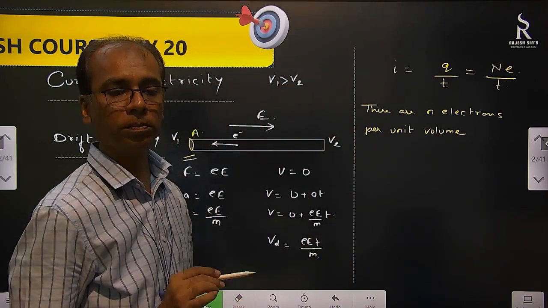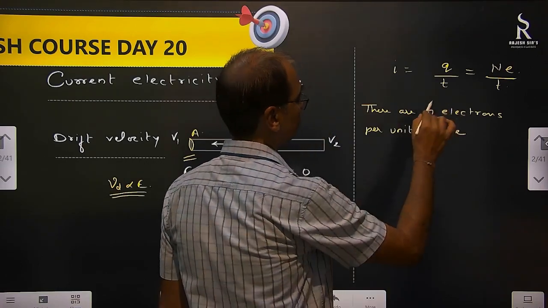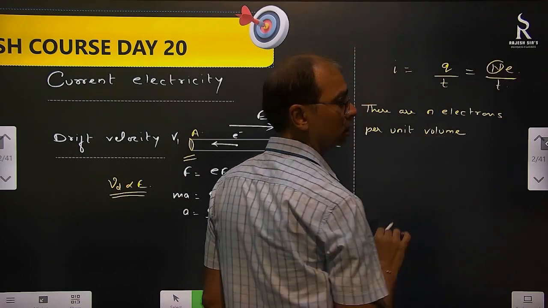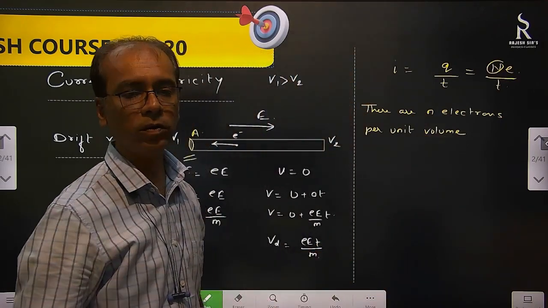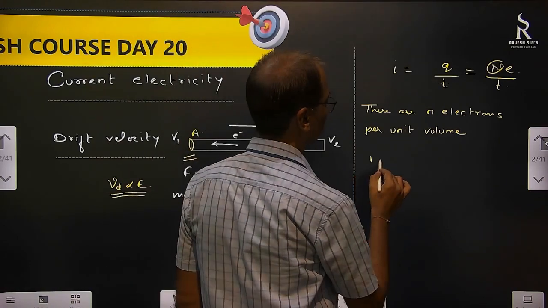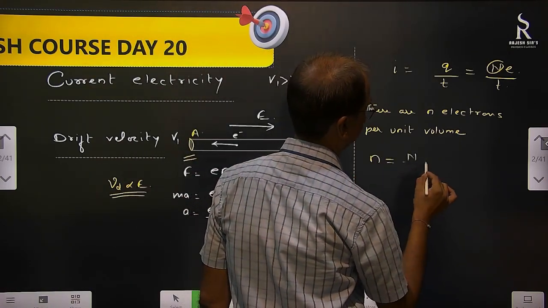So what we can say? This is total N electrons which are moving. But how many electrons are there per unit volume? n. So n actually is equal to N by V.